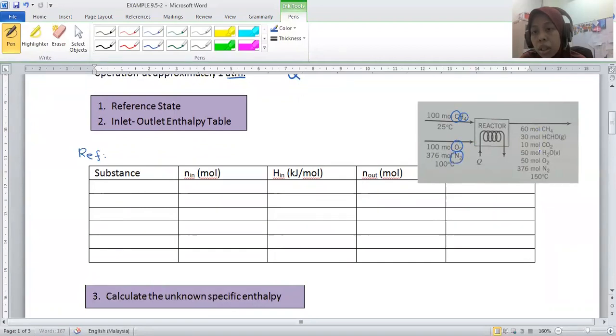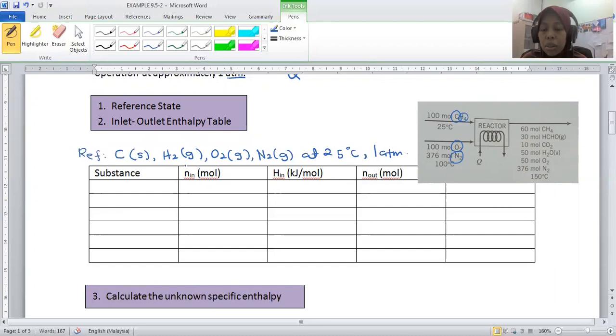So our reference is carbon, which in standard condition is in solid form, and then hydrogen, oxygen, and nitrogen in gas form, at temperature 25 degrees C, standard, and 1 atm.